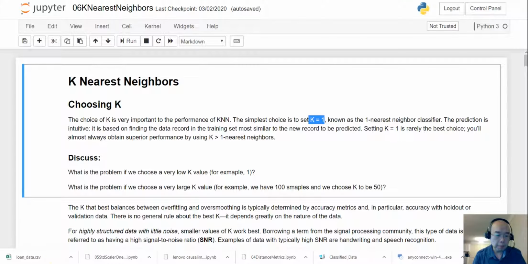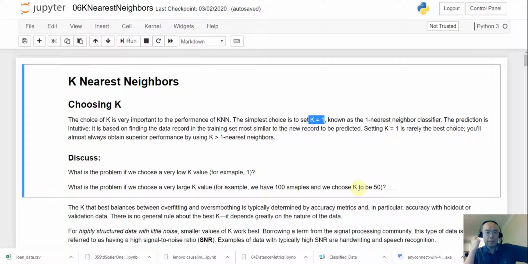So let me come back and talk about another case. Since picking a very small k value may not be a good decision, how about we pick a large k value? Say we have 100 samples and we choose k to be 50. What is going to happen there?